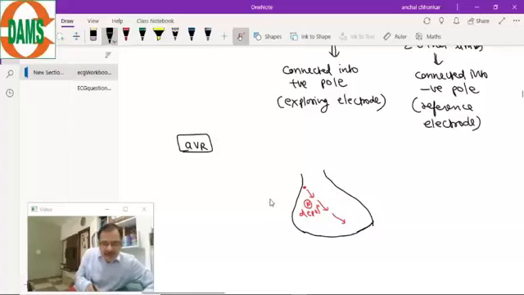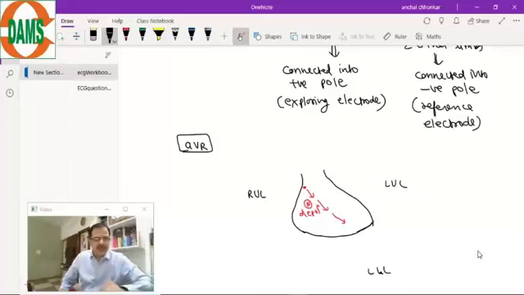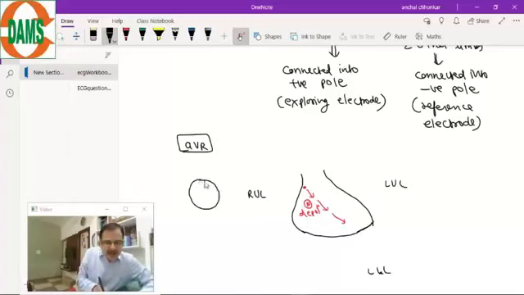And here is the right upper limb, left upper limb, left lower leg. So these are the three limbs. Again repeating, the right lower leg is not used for making combination. It goes to the neutral side. So here is the galvanometer of AVR. This is plus, this is minus.